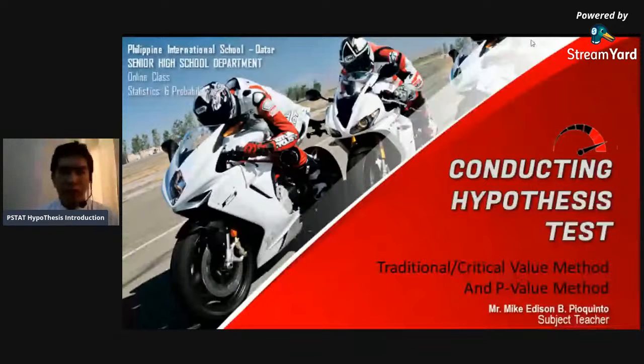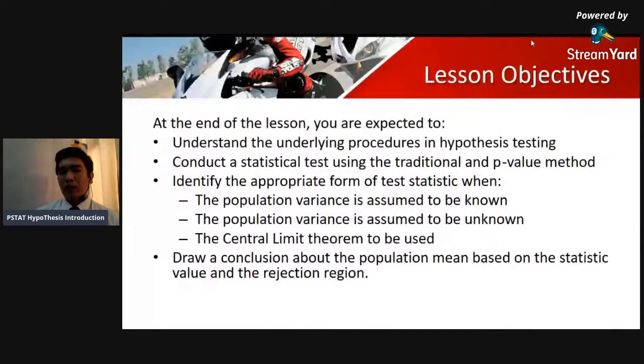Okay, so at the end of the lesson, you are expected to understand the underlying procedures in hypothesis testing, conduct a statistical test using the traditional method, and draw conclusions about the population based on the statistic value and the rejection region.